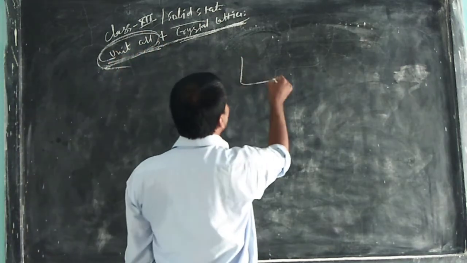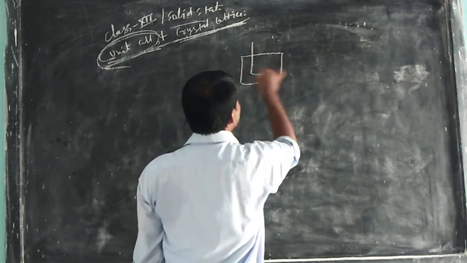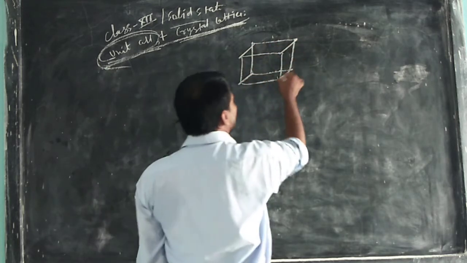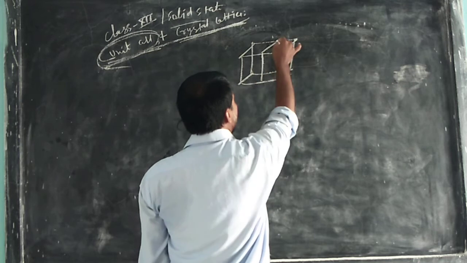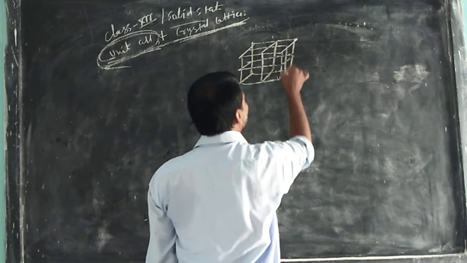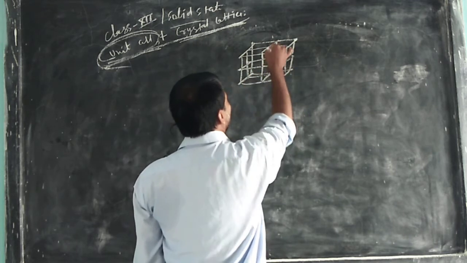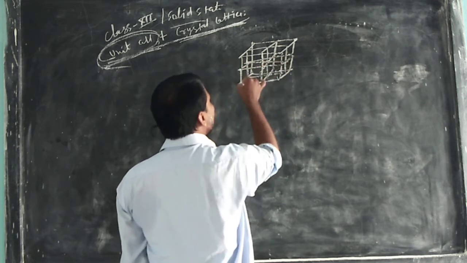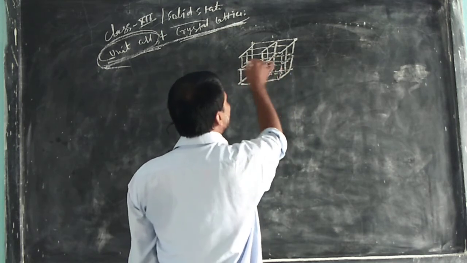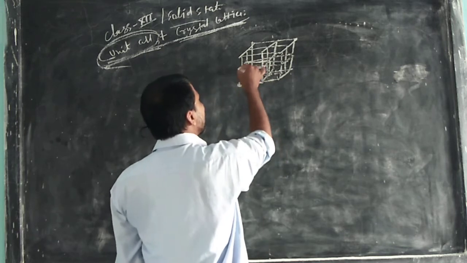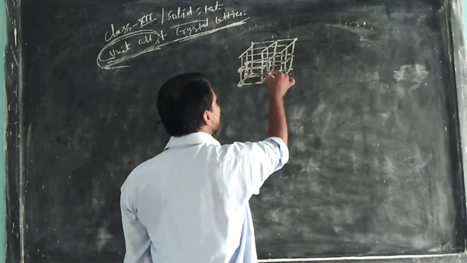For example, suppose a crystal lattice which can be picturized as follows. It is a type of crystal lattice in which this is the unit cell, where constituent particles are located in such positions.